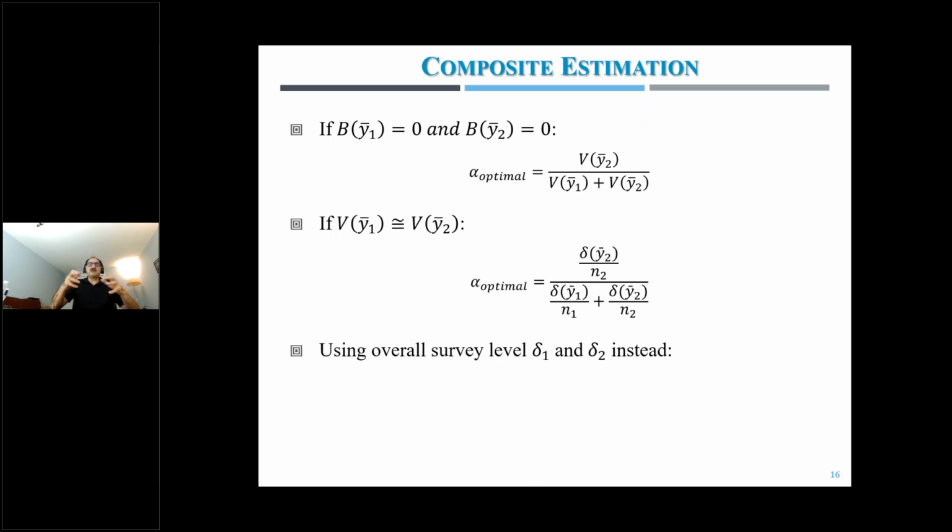And then given that these unequal weighting effects are survey-based, we also make another simplifying assumption and use the survey-level approximation of the design effect or unequal weighting effect for each sample. And at the end of the day, this optimal composition factor simply becomes a function of the design effect and sample sizes from these two various samples. All right, let's set the mathematical jargon aside and see how we can actually implement this.